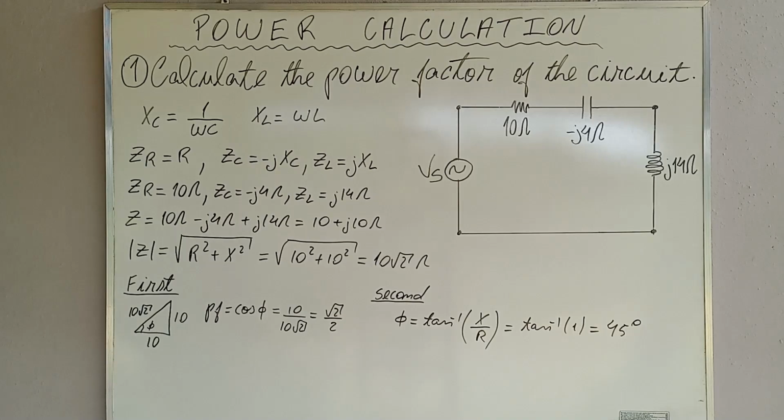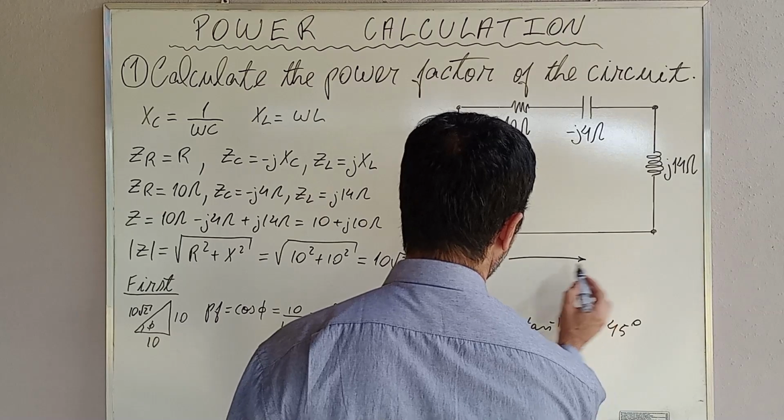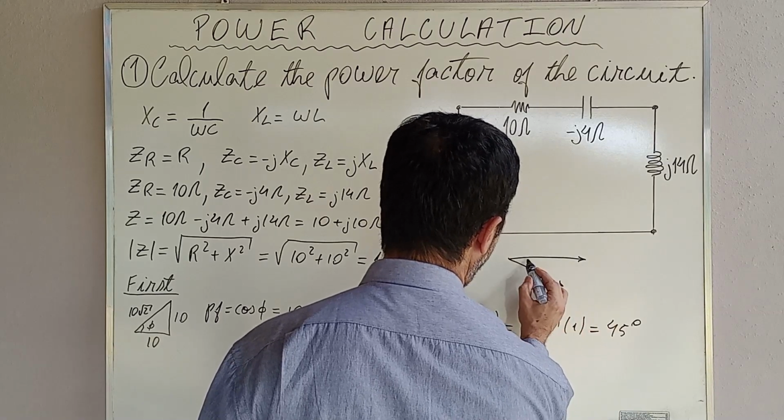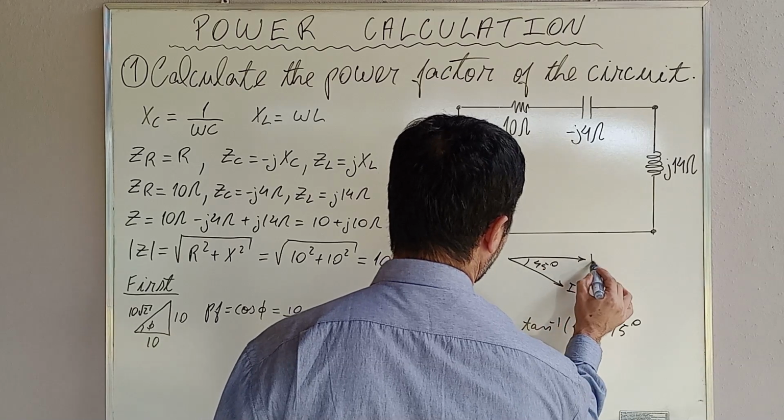This angle represents the phase of the impedance, and therefore the phase difference between voltage and current. Since the reactance is positive, the current lags the voltage by 45 degrees. Observe that the voltage phasor is here and the current here, and the angle is 45 degrees.